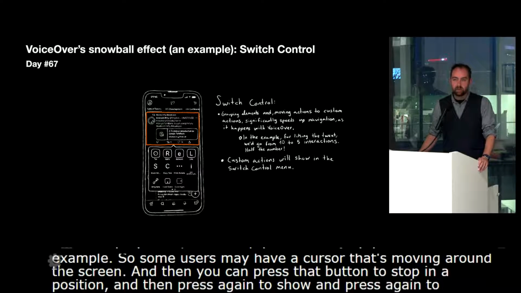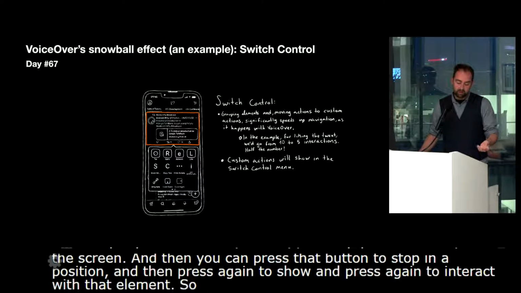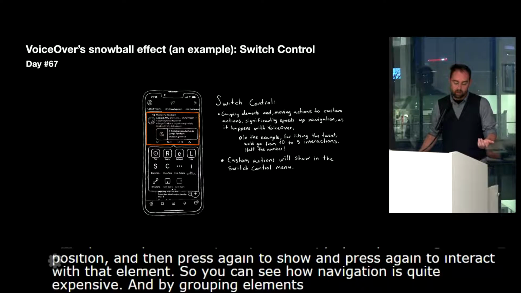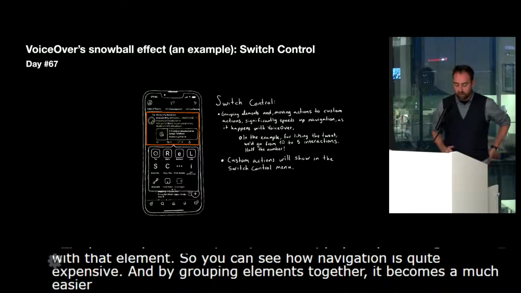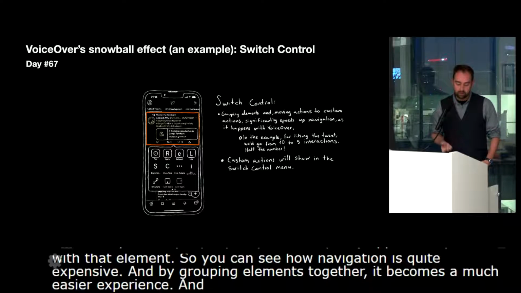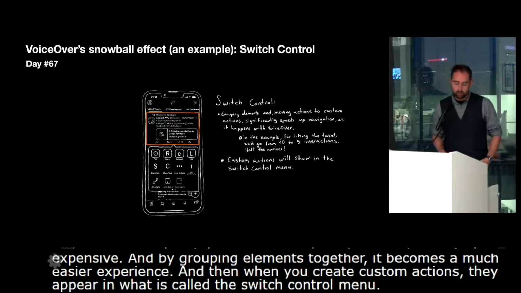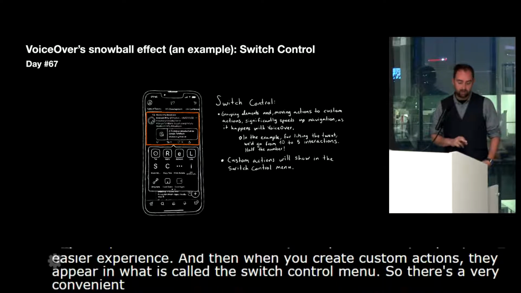So you can see how navigation is quite expensive, and by grouping elements together, it becomes a much easier experience. And when you create custom actions, they appear in what is called the switch control menu. So there's a very convenient way to interact with all those actions from the tweet in this case.